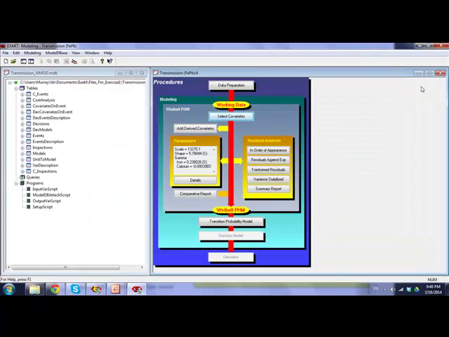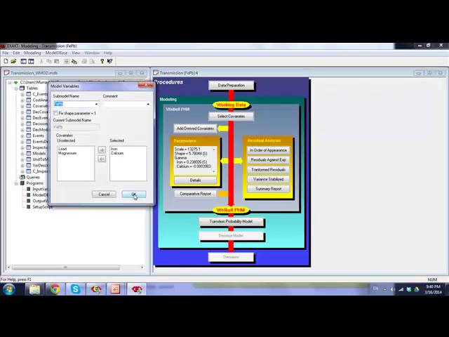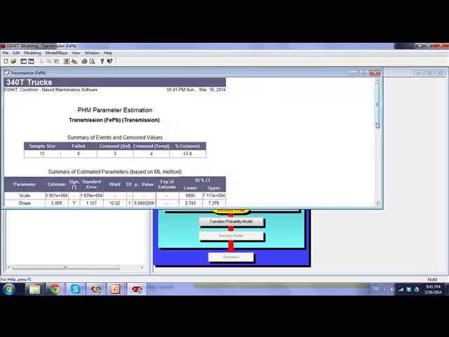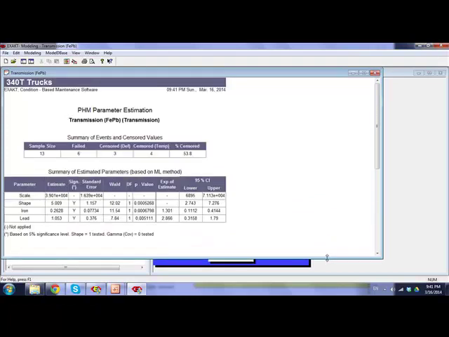So let's run a second trial. Remove calcium and replace it by lead. Now all three parameters in the Cox-PHM equation are significant. This completes the first step in building the optimized CBM decision model.